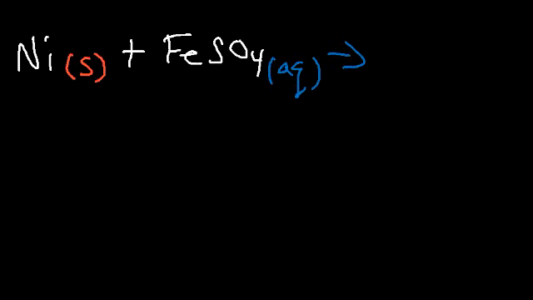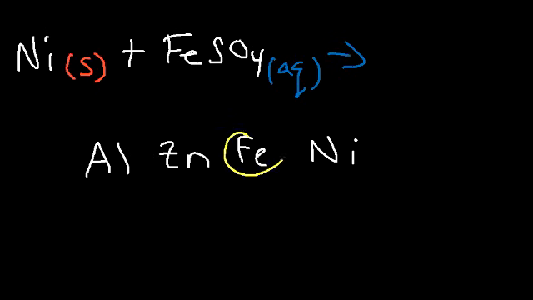So nickel metal cannot displace iron out of the solution because nickel is below iron metal. In the one that we wrote, we had aluminum, zinc, Fe, nickel. So Fe is more reactive than nickel, which means nickel metal cannot displace Fe out of the solution. So here we're going to have no reaction.